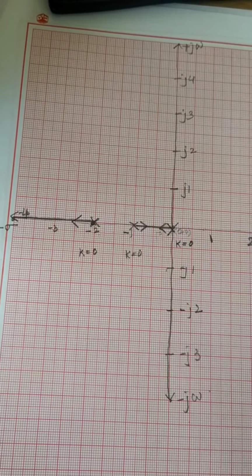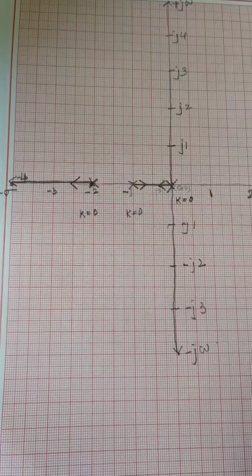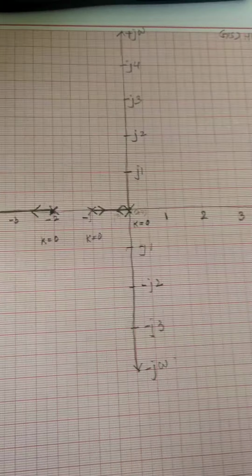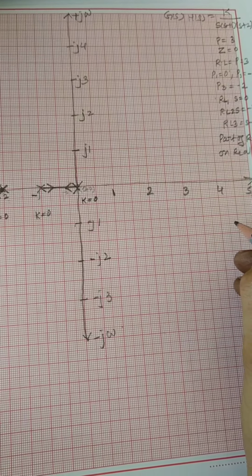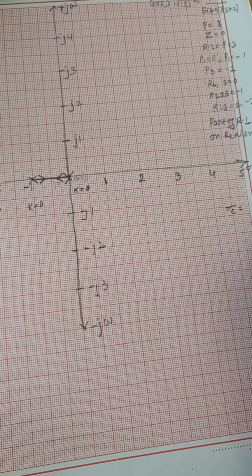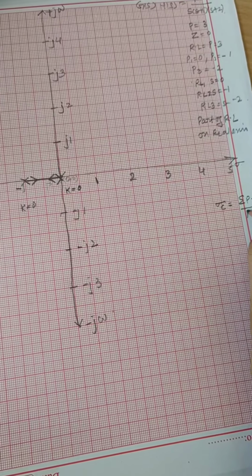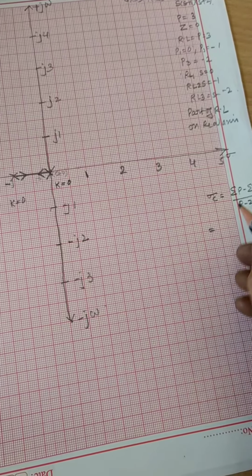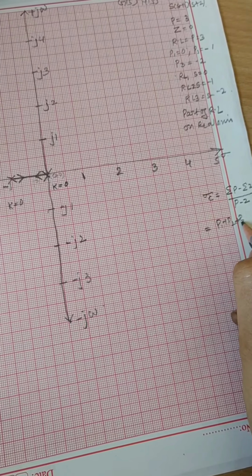Now we will come to the rule called sigma c, that is the centroid of the asymptotes. You can find the centroid of the asymptotes using the formula sigma c is equal to sigma p minus sigma z divided by p minus z. So sigma p is P1 plus P2 plus P3, how many poles are there?